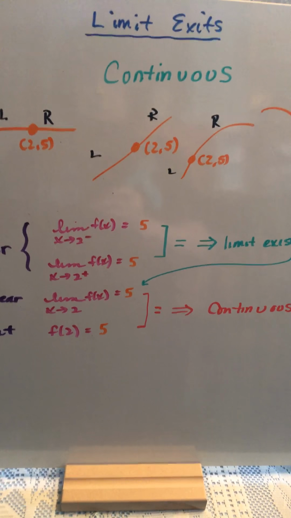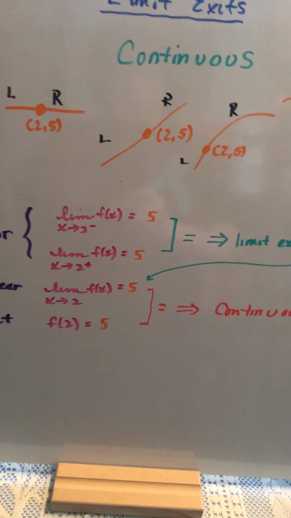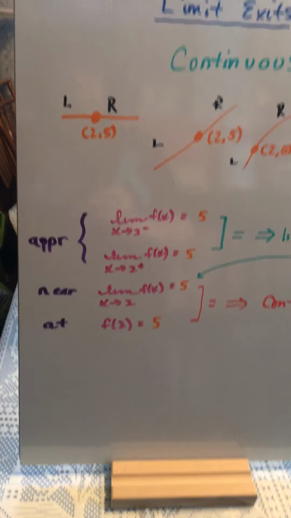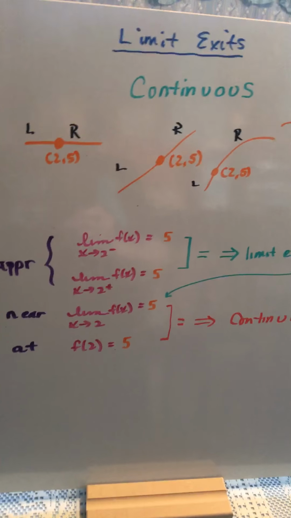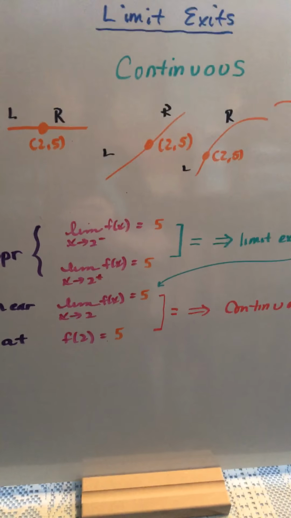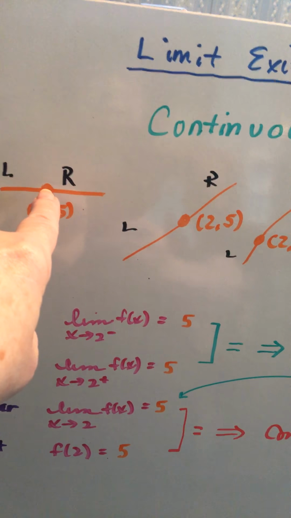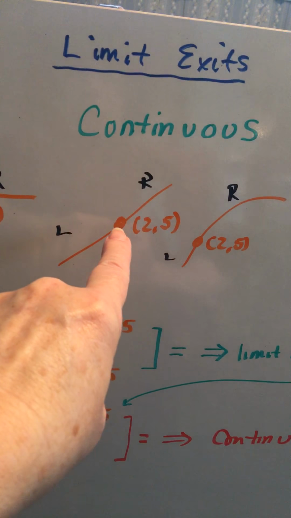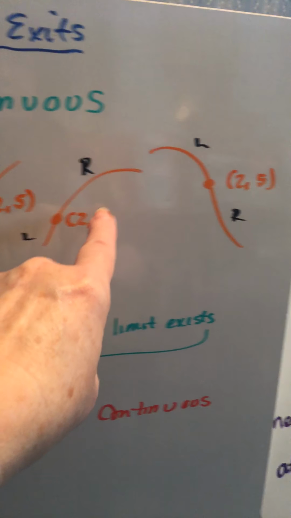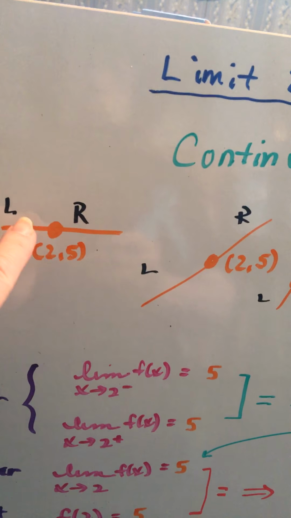And so my limit is 5, and my function value is 5. Now notice, I call the limit the 'near', when you're getting near. That's what closer means, that's what approaching means. And I call my function value the 'at'. This is your at, this is your at. Your limit says what y value am I coming toward?